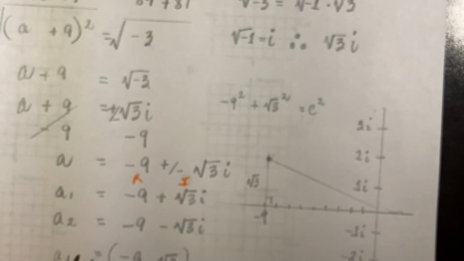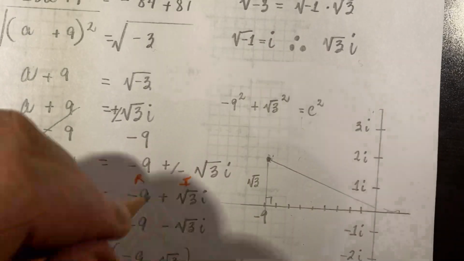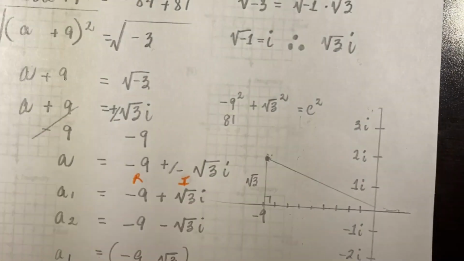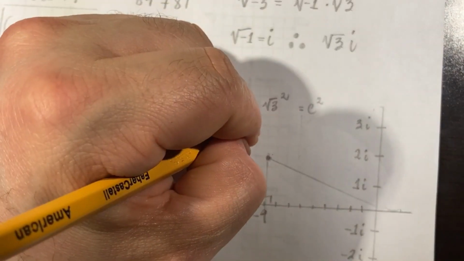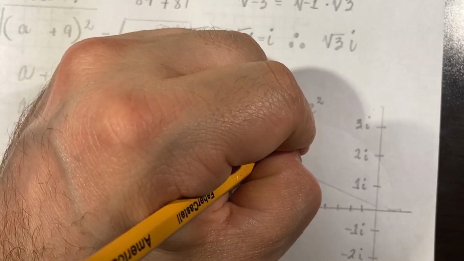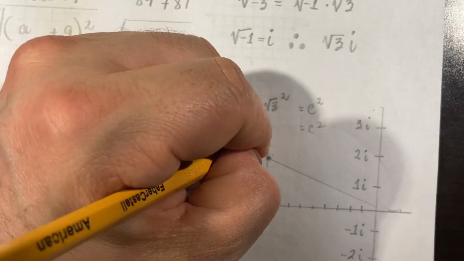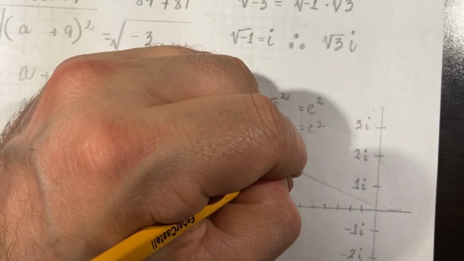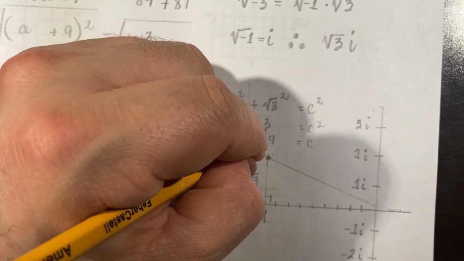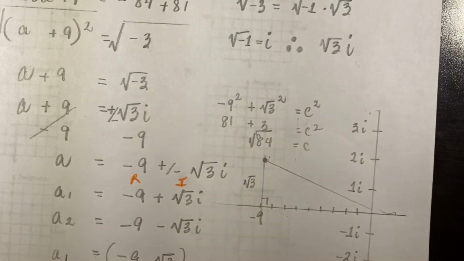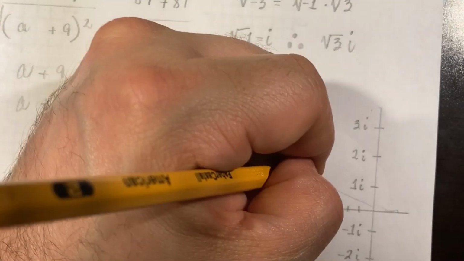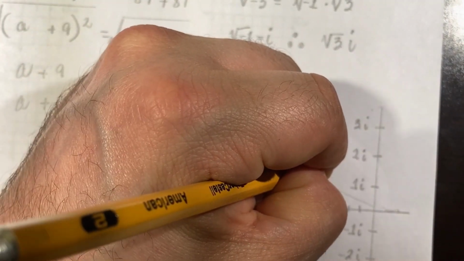Okay, so negative 9 squared, that's positive 81, plus square root 3 squared, well, that's just 3, equals c squared. And so whatever the square root of 84 is, is c, because you're going to take the square root of both sides to get c by itself.